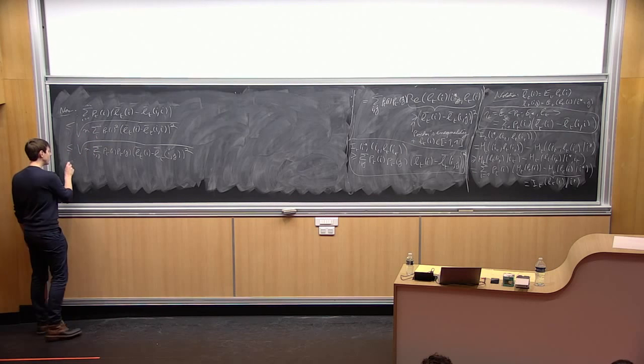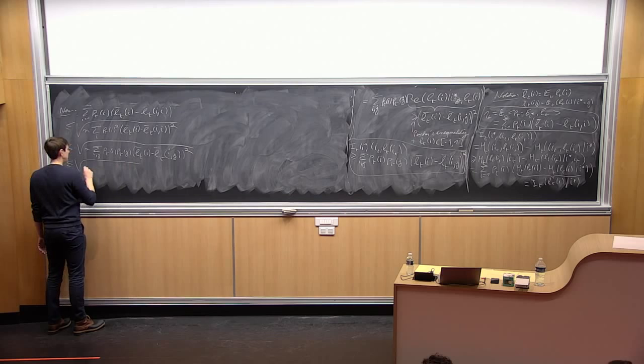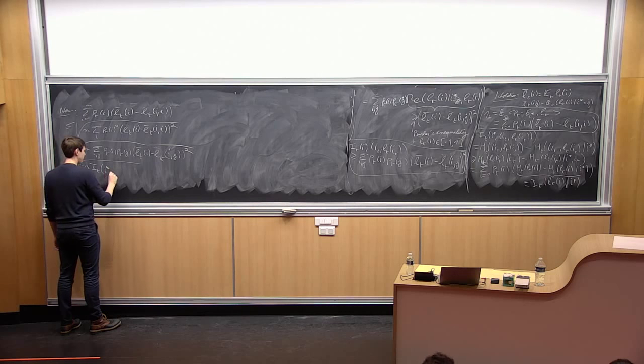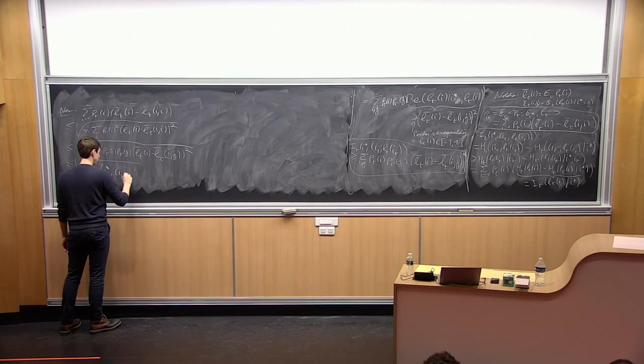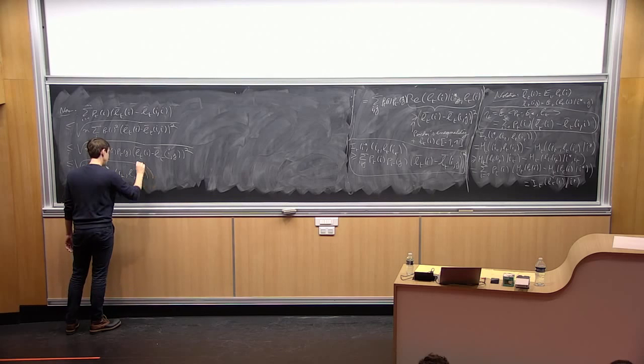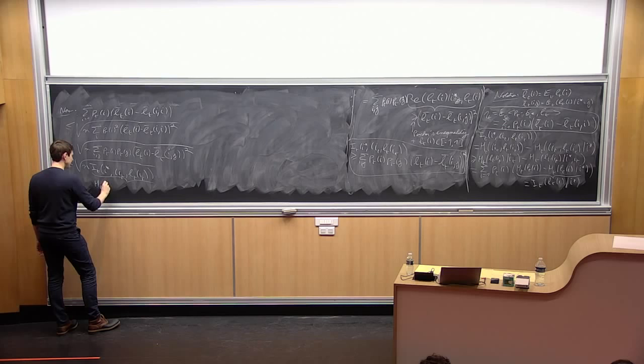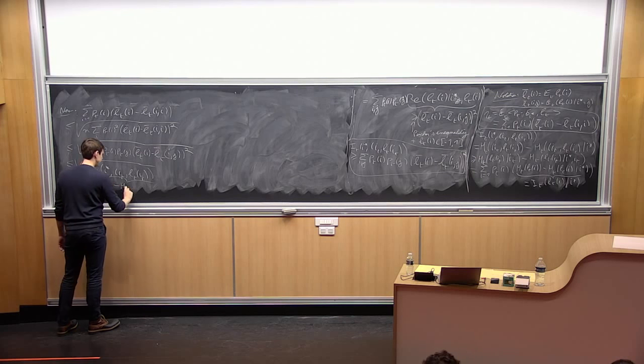So this is bounded by square root of n times the mutual information, by what we proved, between I star and I_t, L_t. Again, this thing is just the difference between the entropy of I star at time t and the entropy of I star at time t plus 1.